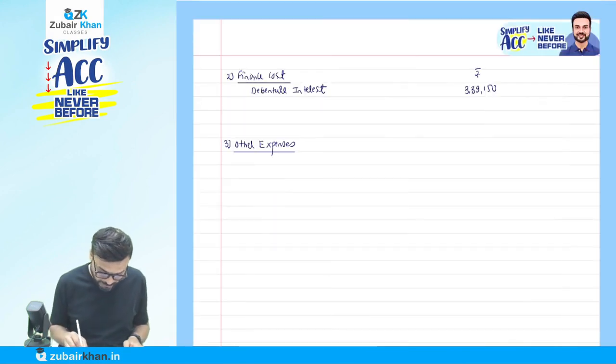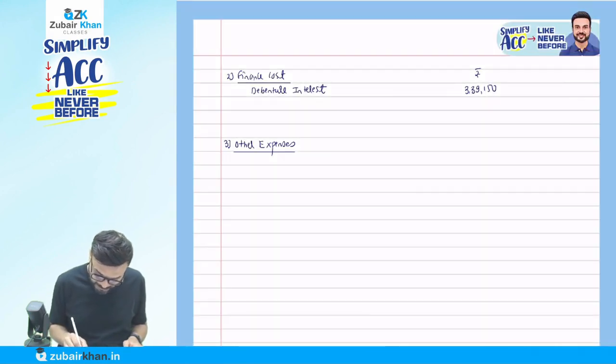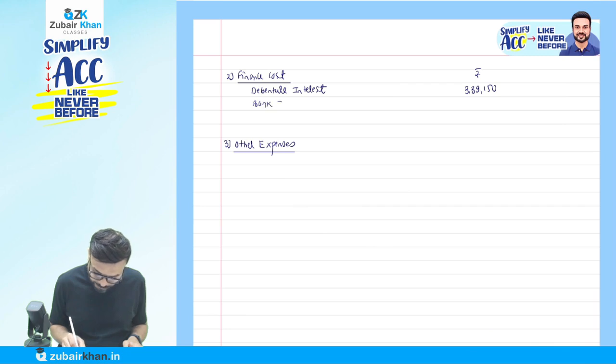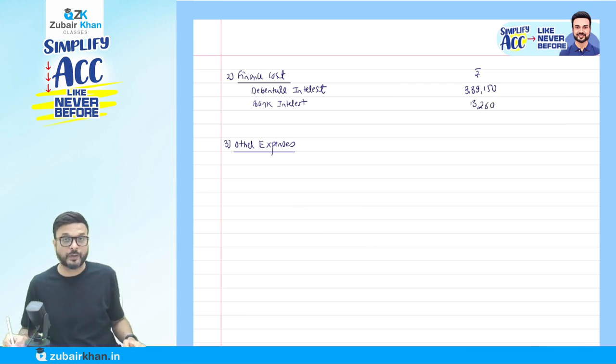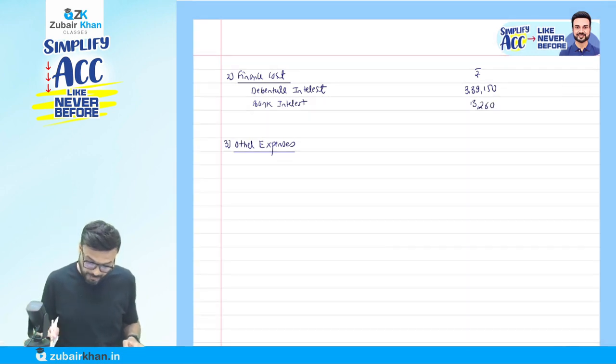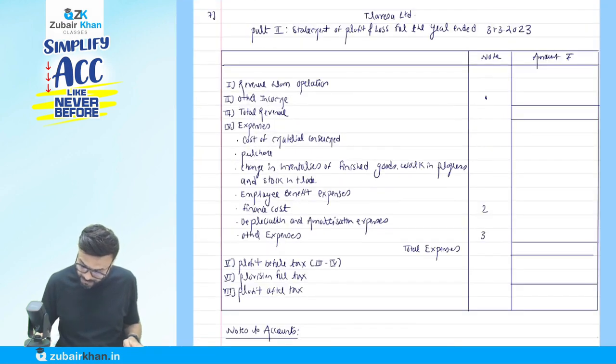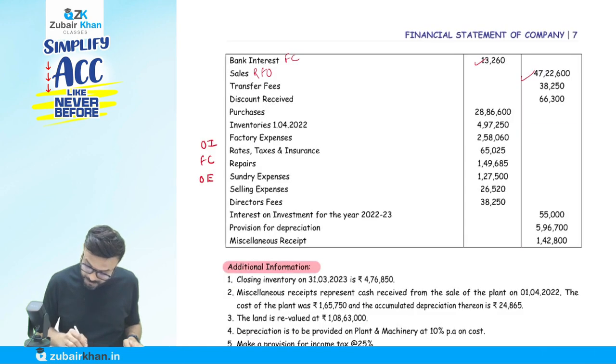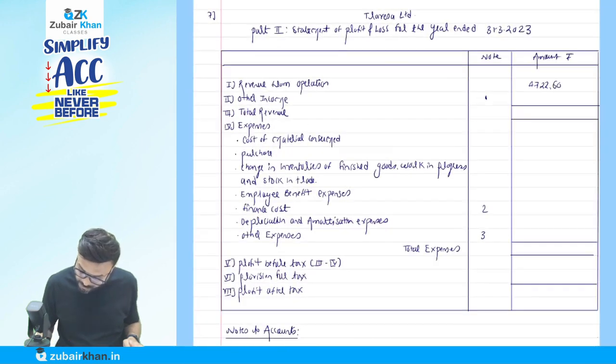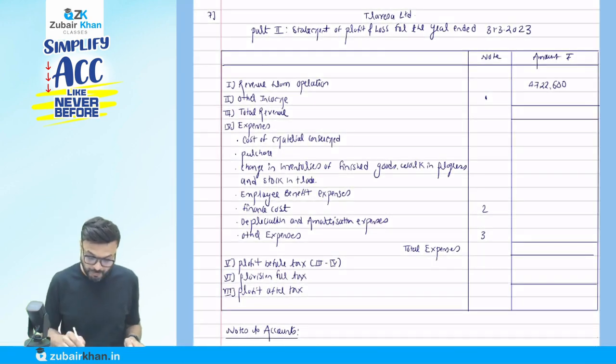So we'll write it down here, bank interest 13,260. Then we have sales, revenue from operations, 47,22,600.